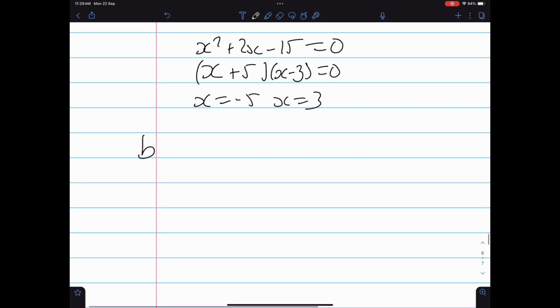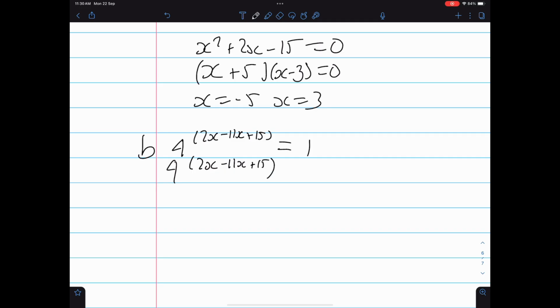And then for the next one, it's a very similar thing. And this is just for 2x squared minus 11x plus 15 equals 0.